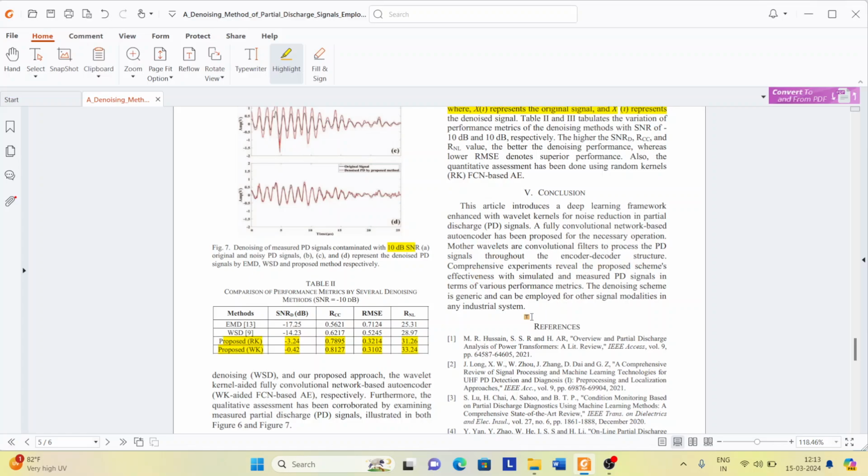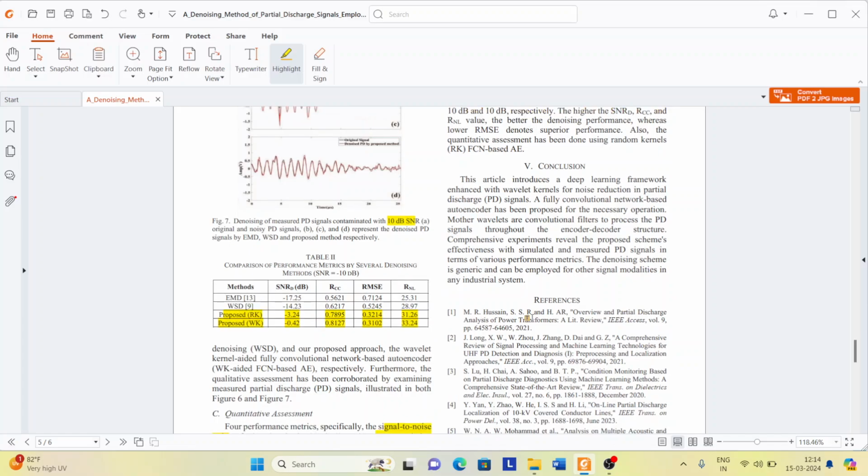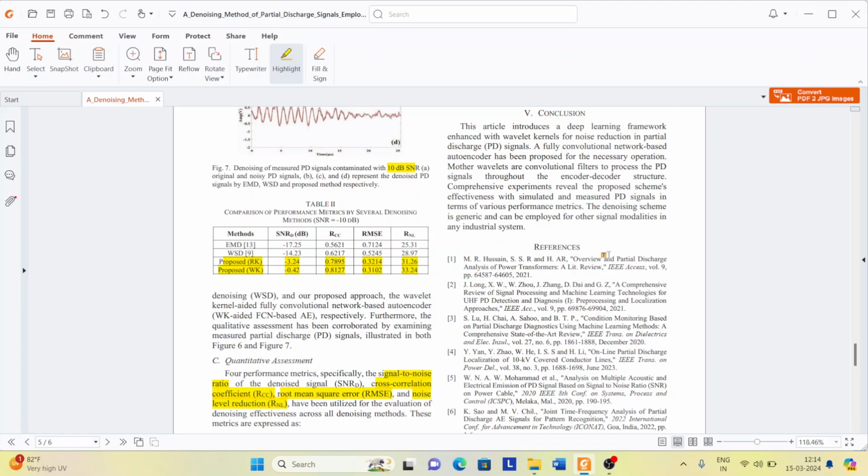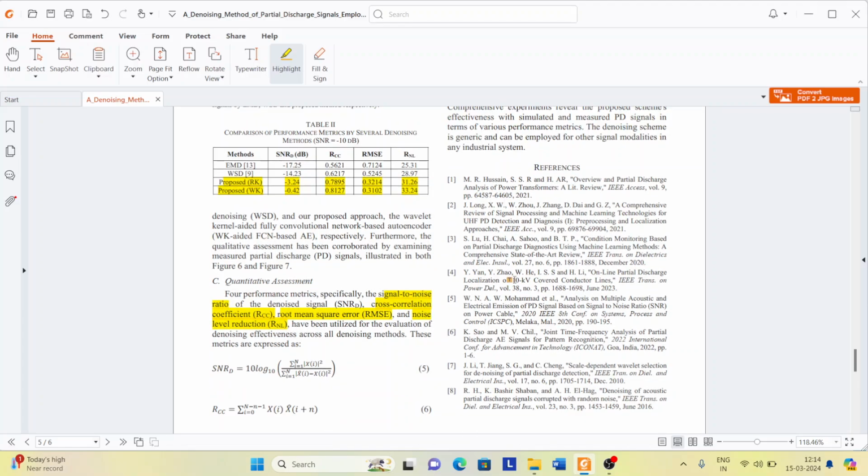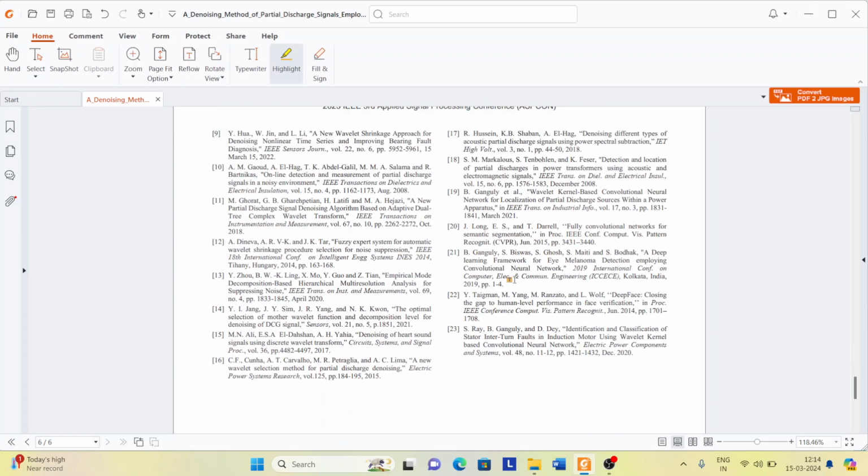Comprehensive experiments reveal the proposed scheme's effectiveness with the simulated and the measured partial discharge signals in terms of the various performance metrics. The denoising scheme is generic and can be implemented for other signal modalities in any industrial systems. So these all are the references that have been used while writing the paper.